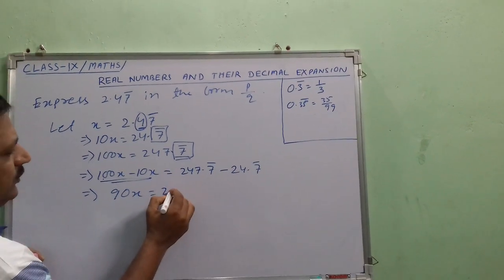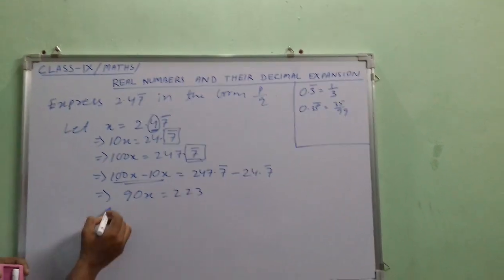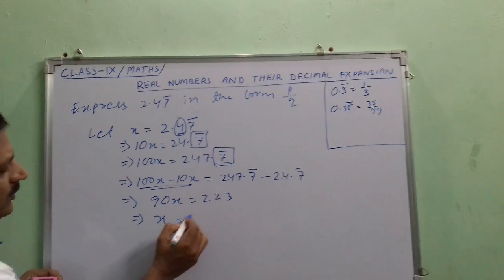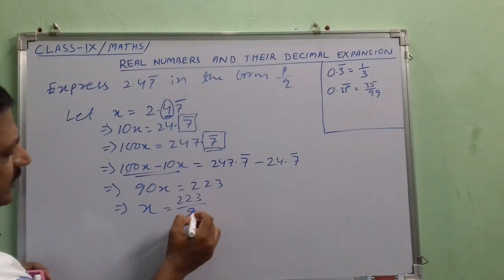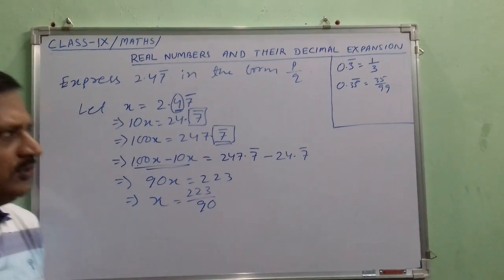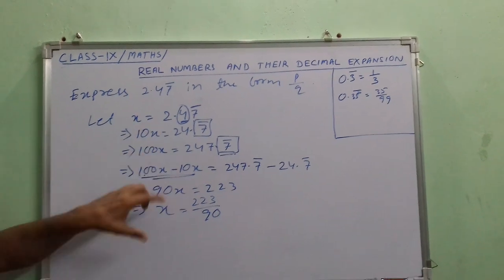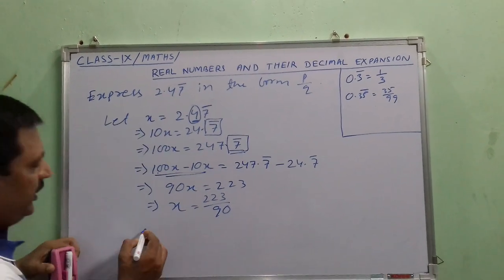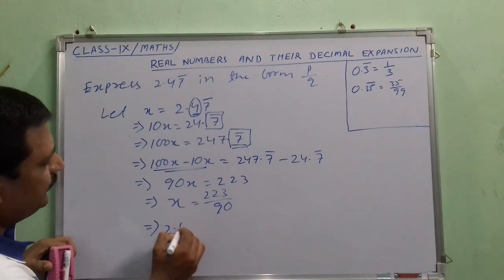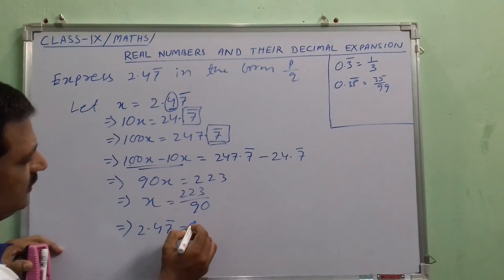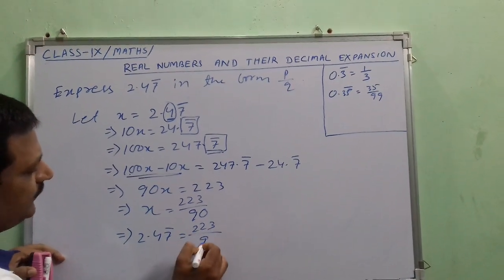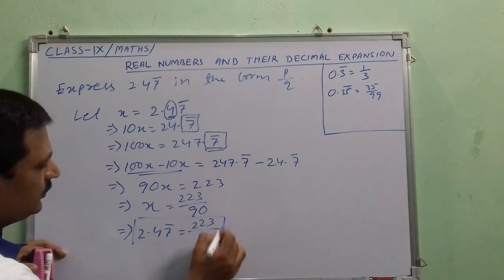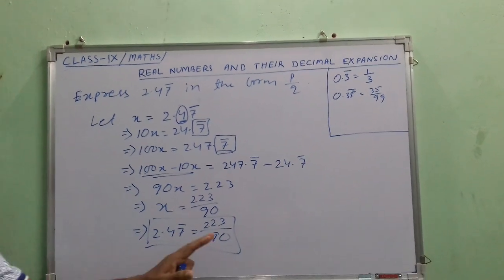So it will give you 223. Implies that x equal to 223 divided by 90. So we have expressed 2.47 bar in the form of P by Q. So it is also a rational number.